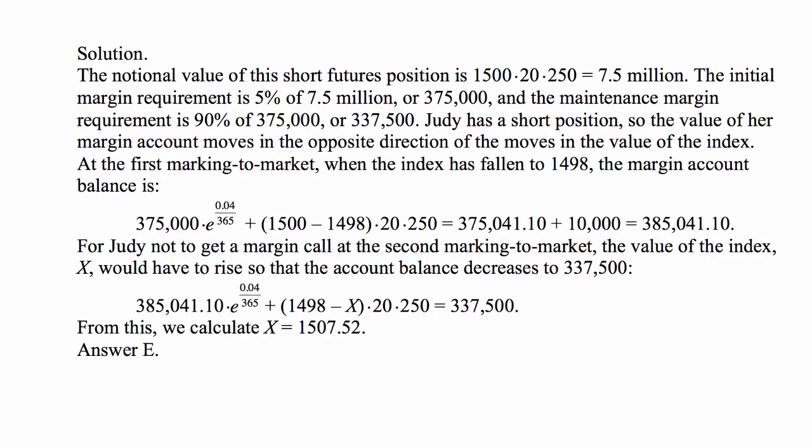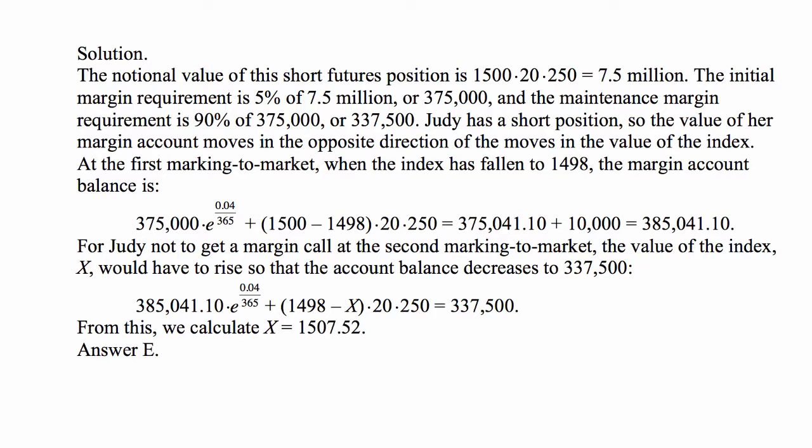Times 20 times 250 establishes the complete amount of the change in the notional amount, and that brings the balance to 385,041.10. Now the index has declined, so she made money because she's short. That's why there's an increase here.